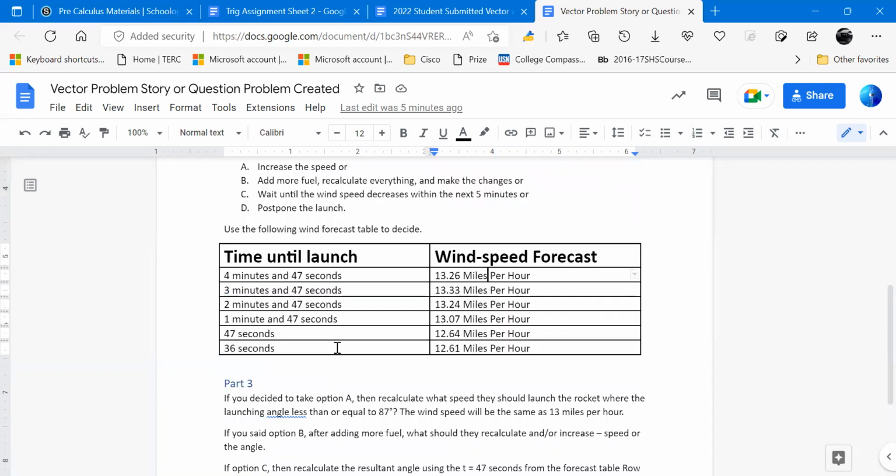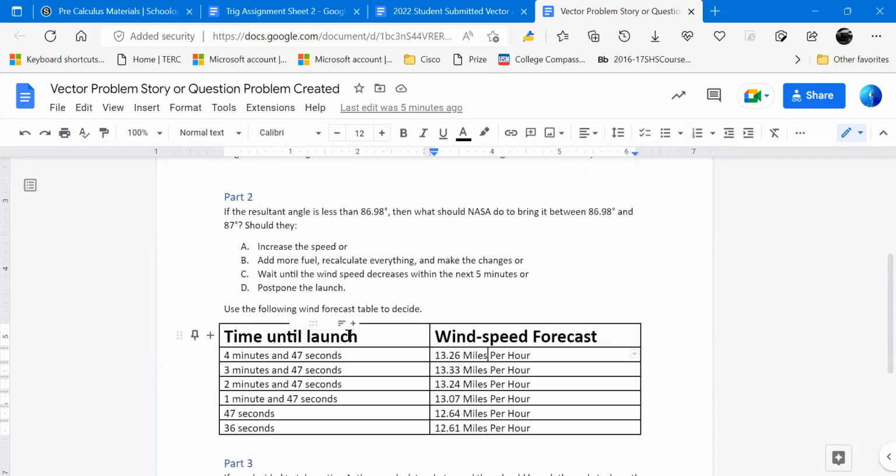So I thought it's better to go for waiting until the wind speed decreases within the next 5 minutes, so that the resultant angle will be more than 86.98.